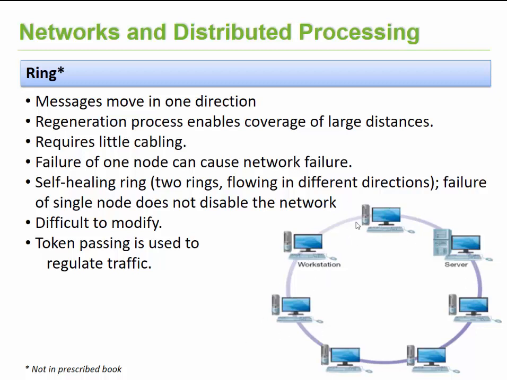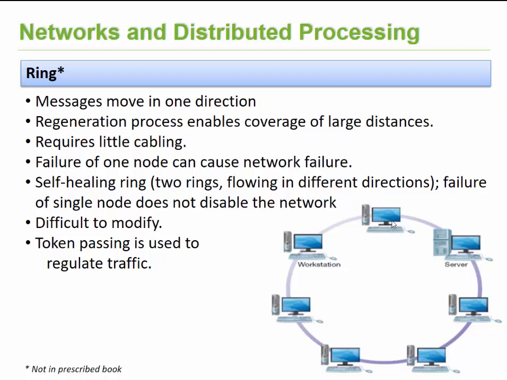So imagine we've got an imaginary token flowing around. The token will pass around all the computers. The computer will check the contents of the token. If it's empty and it doesn't want to send anything, it's just going to pass it to its neighbor.